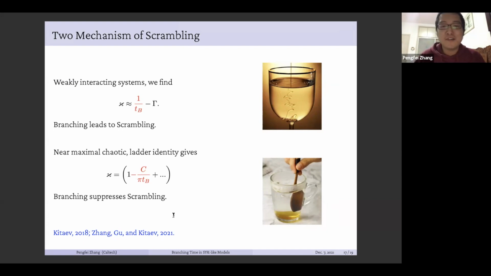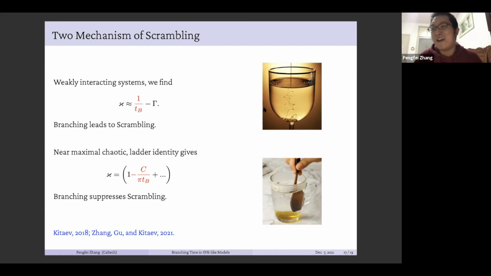For example, in near-maximal chaotic systems, you can basically imagine that the main contribution is like the boundary graviton, like the shock wave, and as a result, if you add something else to this boundary graviton system, it will make the information scrambling less efficient. However, in a weakly interacting system, there is nothing like the boundary graviton. So you can just use scattering between quasiparticles, some dissipative process, to lead to the information scrambling. So in this case, it's dominated by this branching.